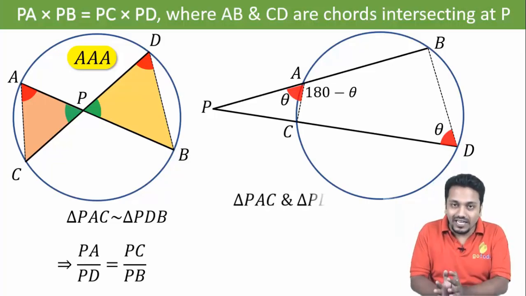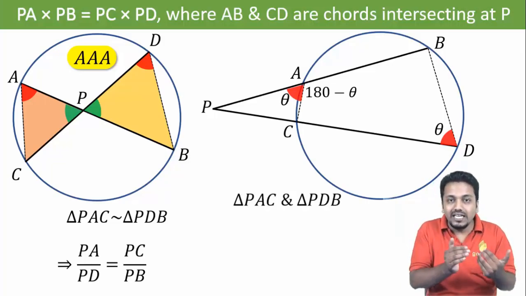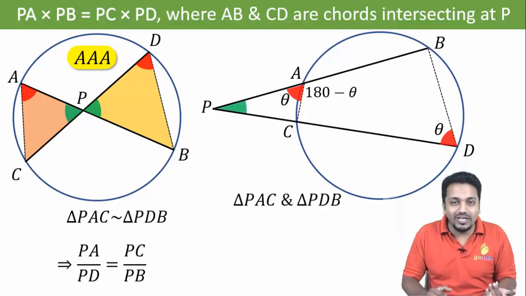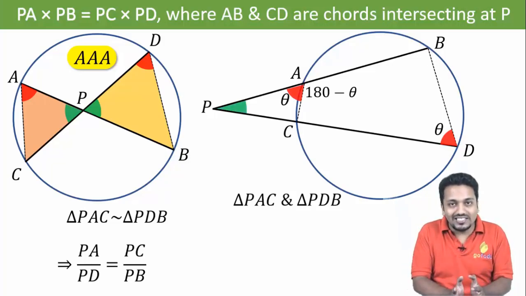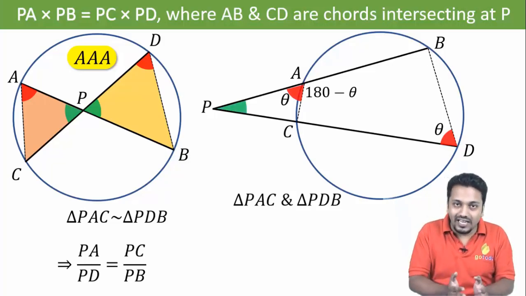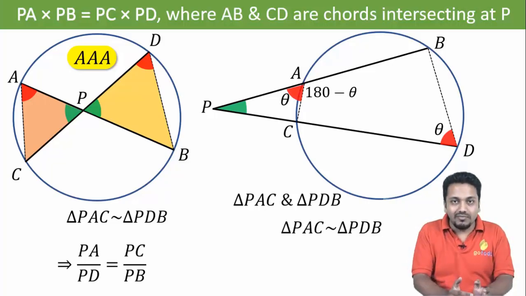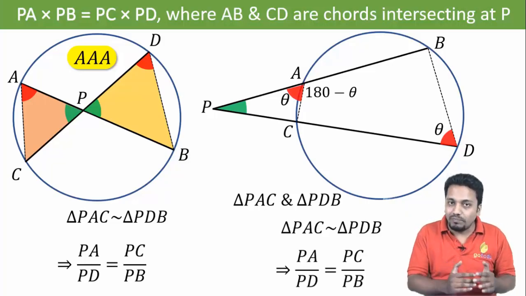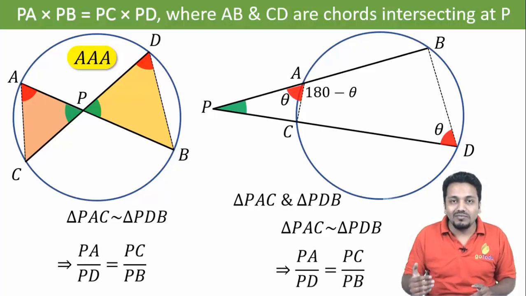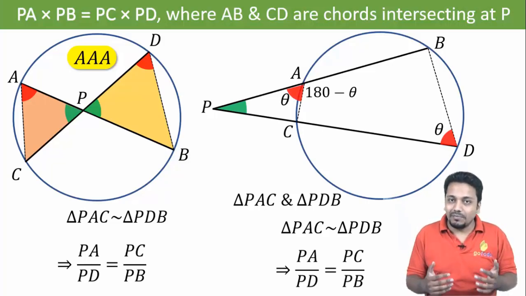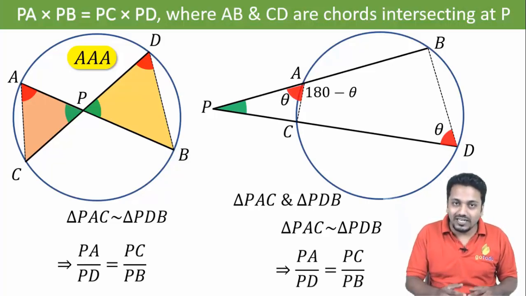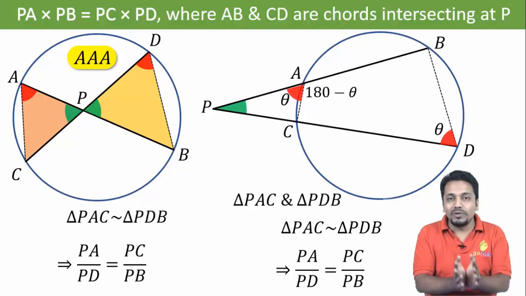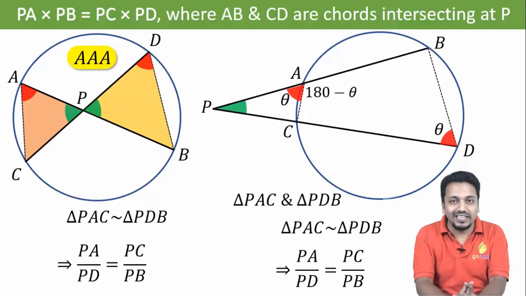Also, in triangles PAC and PDB, angle P is common. So, 2 angles are equal. Again by the AAA similarity condition, we can say PA upon PD is equal to PC upon PB. Take PD to the right hand side and PB to the left hand side to get the final result. PA into PB is equal to PC into PD.